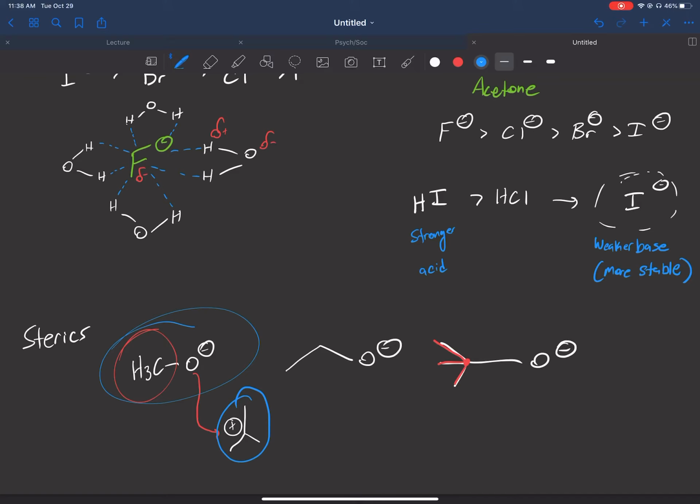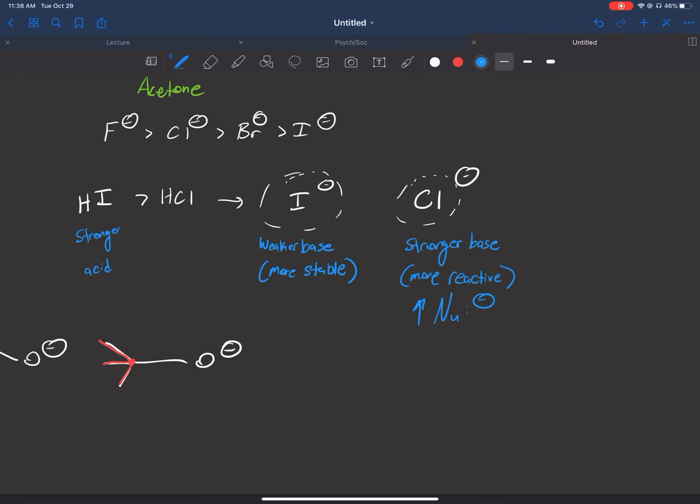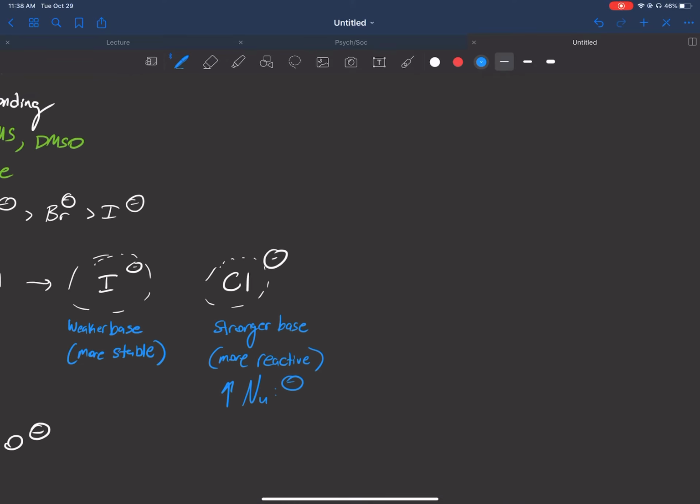It's not going to really work, right? And so we have to consider that as well, okay? And so how would I show this? So we know that the one on the left is small. The one in the middle is a little bit bigger. The one on the right is really big, right? And the one on the right is a very common one you'll see. It's called tert butoxide, all right?